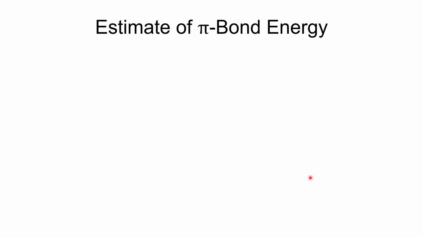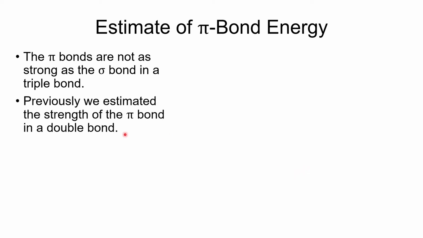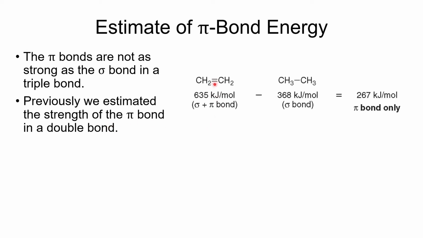Now, in the previous chapter, in chapter 10, we talked about how pi bonds are not quite as strong, at least in the carbon-carbon bonds. The pi bonds are not quite as strong as the sigma bonds. And we even estimated how strong the pi bond was in something like ethylene.